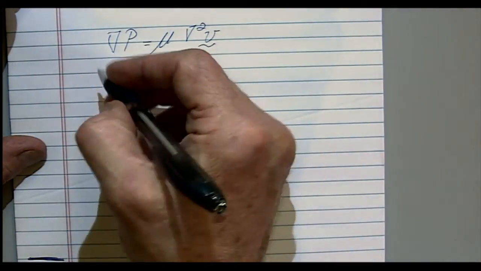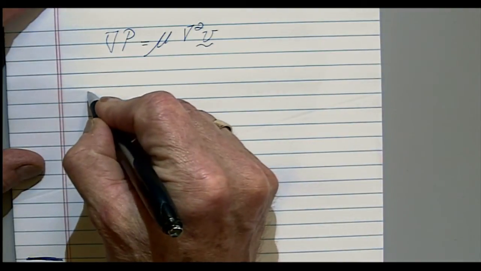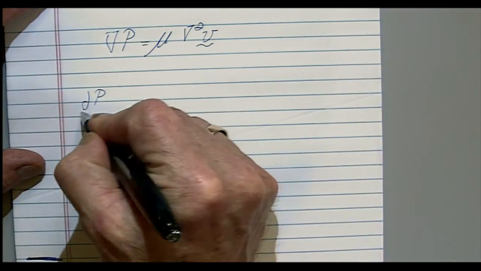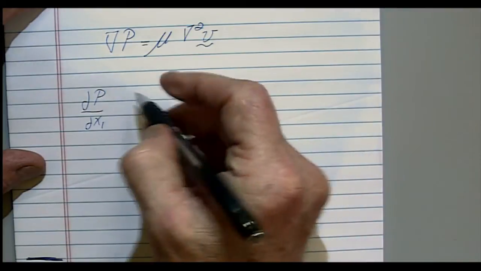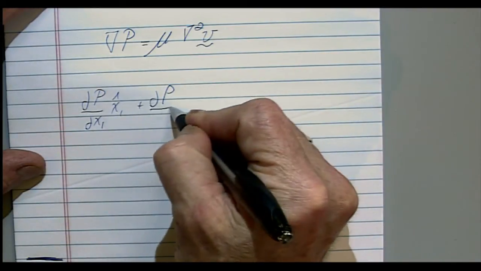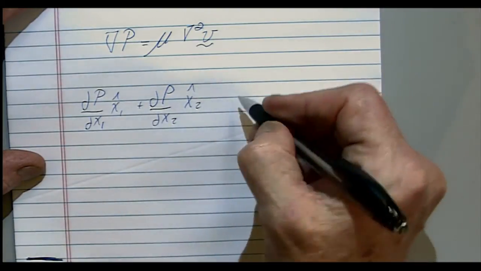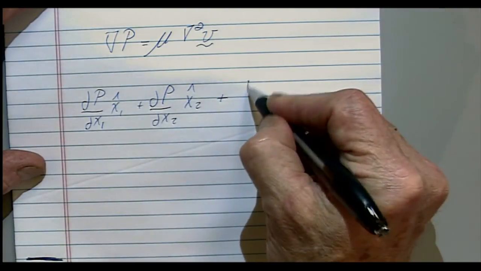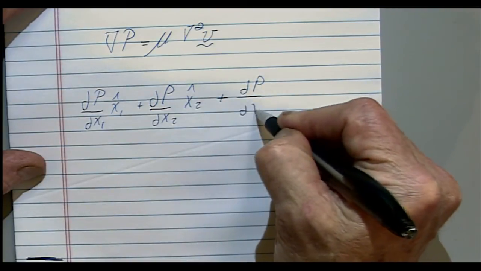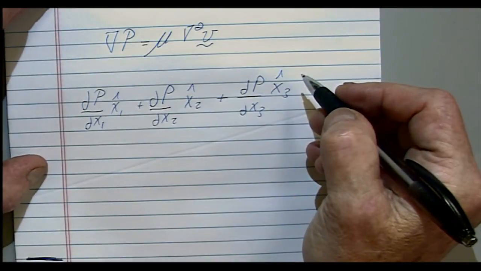And then if we wrote this out in Cartesian coordinates, just to get you into familiar territory, this would look like the partial of pressure with respect to x1 times the unit vector in the x1 direction plus the partial of pressure with respect to x2 times the unit vector in the x2 direction plus the partial of pressure with respect to x3 times the unit vector in the x3 direction.